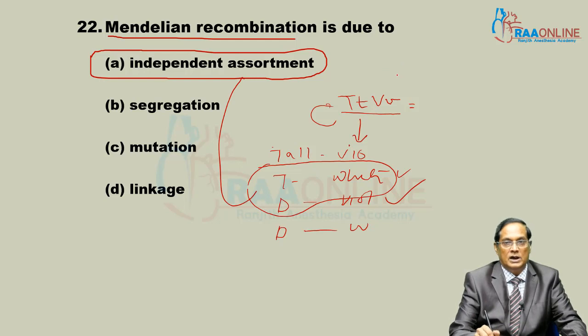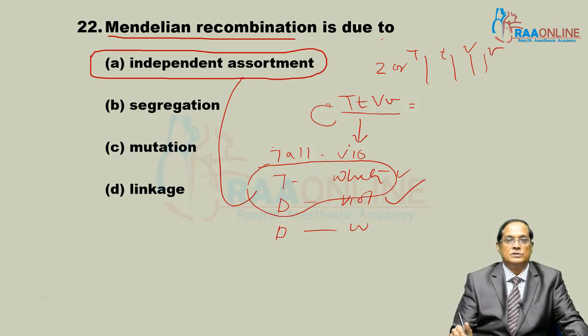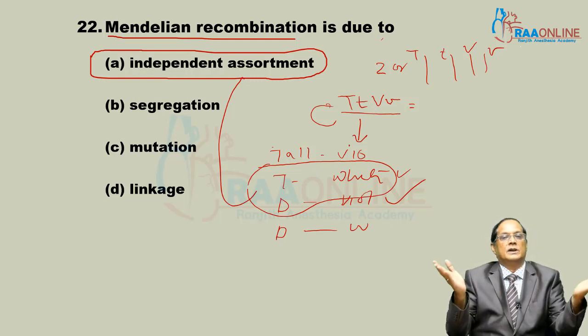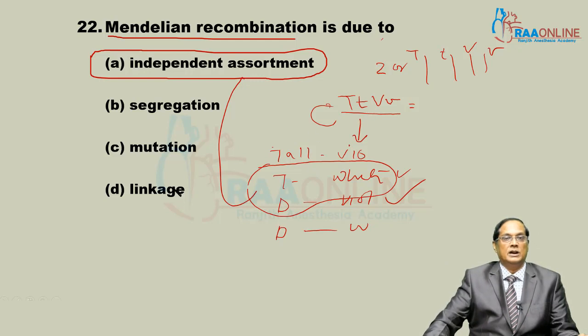And the reason behind this is that 2 or more Mendelian factors are located on 2 different chromosomes. I mean to say, height and flower color, if they are not on the same chromosome, then their assortment is free from one another. It is not dependent on one another.